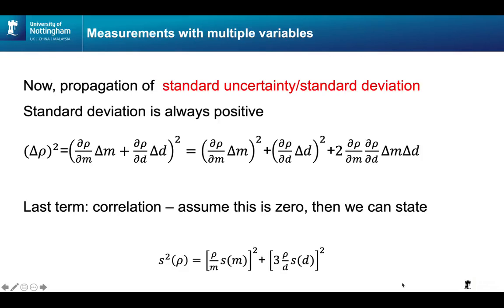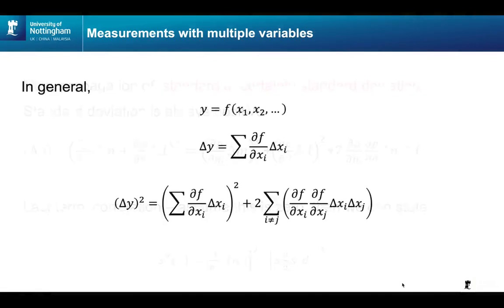So look at converting that into standard deviations. The standard deviation in rho equals rho over m times the standard deviation in m, squared, plus 3 rho over d times the standard deviation in d, squared.